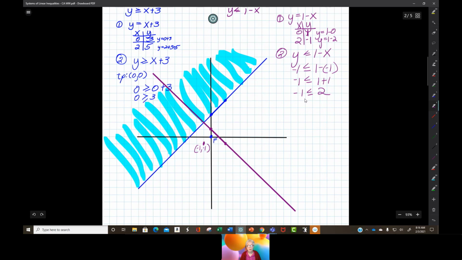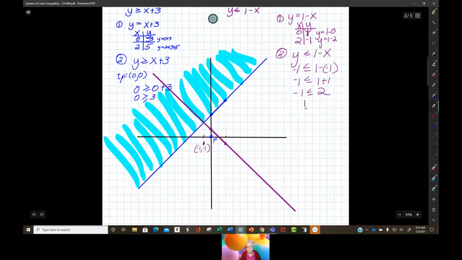Well, I know that negative 1 is less than 2, but if I doubt it, here's negative 1, and here's positive 2, and negative 1 is definitely to the left of 2. Notice the arrow is pointing to the left.